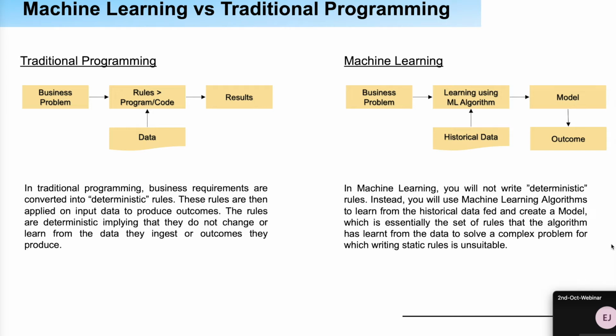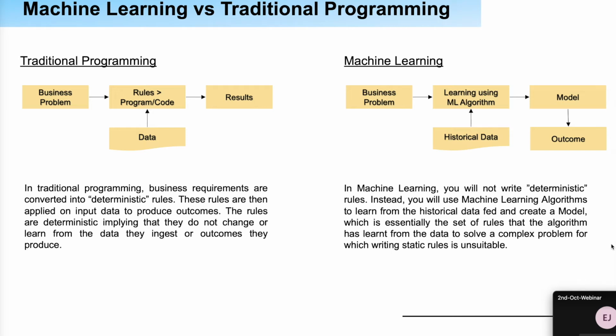Somebody who has a requirement, your business, or your stakeholder, comes up with a requirement that I want this functionality, these screens, these fields, etc. So there are clearly defined requirements and rules that have to be there in the application that they require you to develop. Now this is a deterministic situation. In a deterministic situation, the rules that have to be implemented or encoded in the programs are known beforehand.